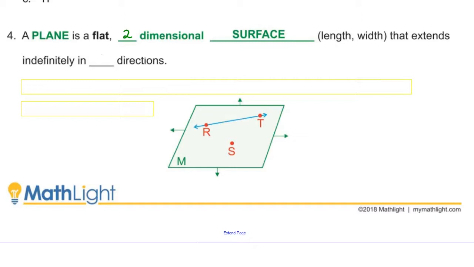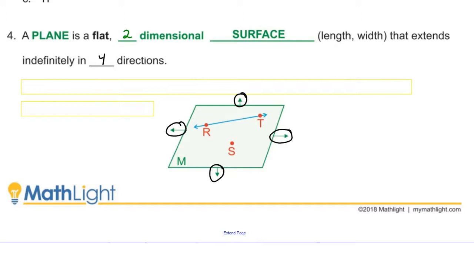It has length, it has width, and it extends indefinitely in 4 directions. Extends indefinitely. Now, normally you don't see these arrows right here. I put them on there just to try to illustrate the fact that this plane goes on forever. Now, here's the point. If I were to draw the plane going on wider, you wouldn't see it.